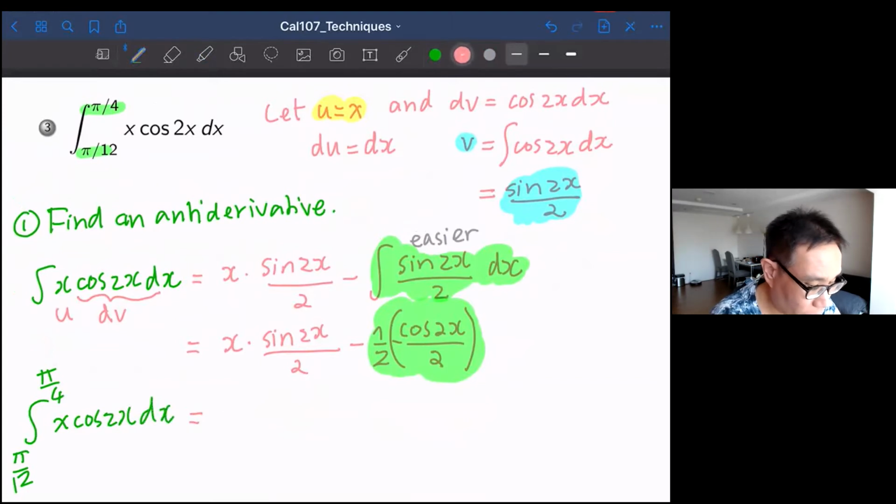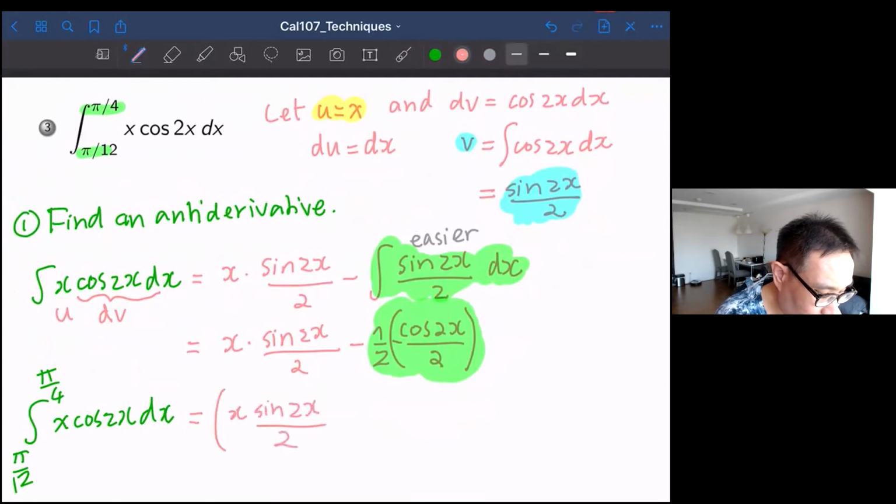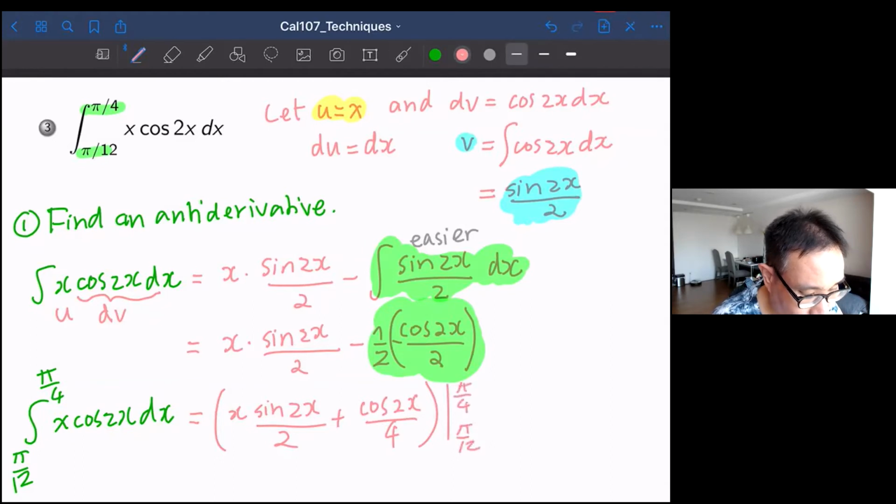Okay, so it's going to be x sin 2x over 2, minus, becomes plus, so it's going to be plus cos 2x over 2 times 2, which is 4. Okay, so it's going to be from pi over 12 to pi quarter.